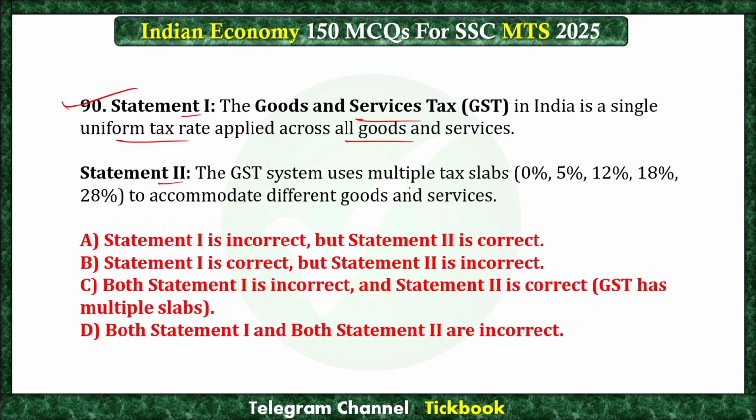The GST system uses multiple tax slabs, 0%, 5%, 12%, 18%, 28%, to accommodate different goods and services. Actually statement 1 is incorrect and statement 2 is correct. GST has multiple slabs. Statement 1 is incorrect.